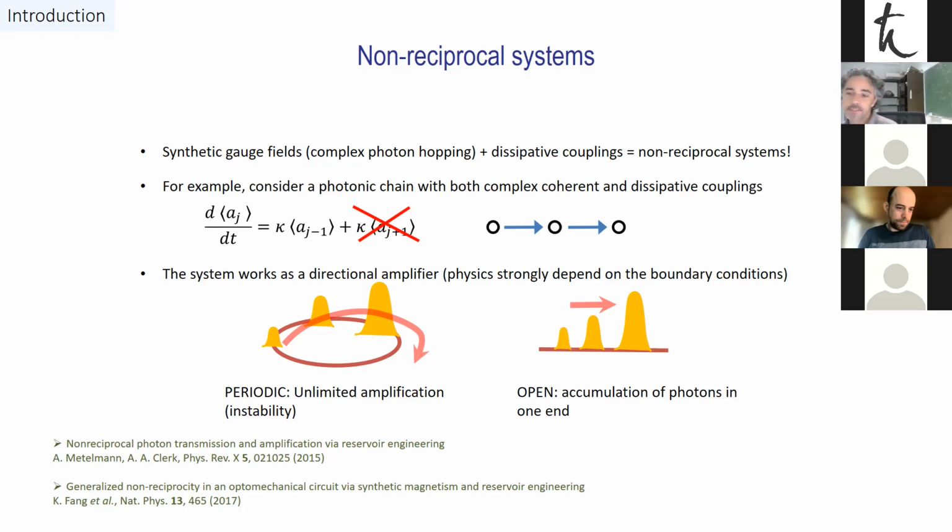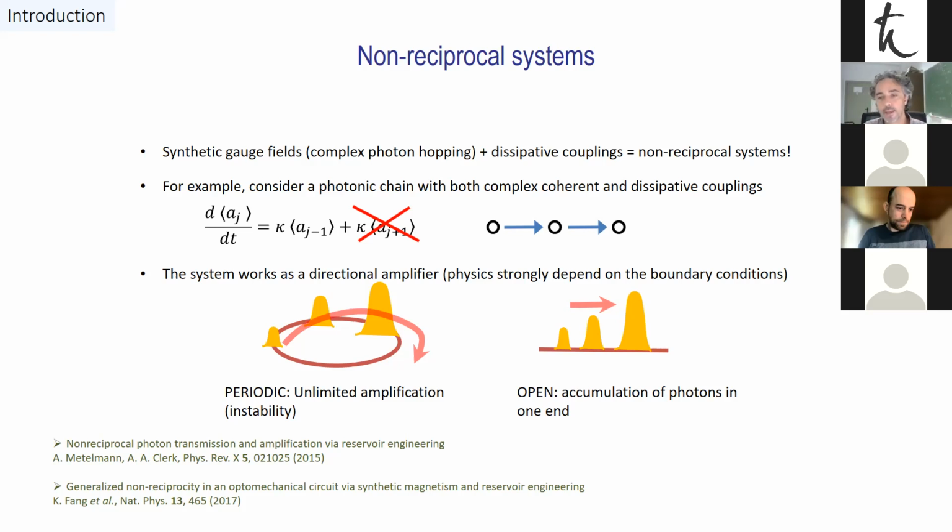The physics of these systems changes a lot if you consider open boundary conditions, because here you have a limit to the propagation and amplification effect. And you would expect that there is some accumulation of photonic density in one end of the chain. If you consider a one-dimensional chain with open boundary conditions, you could believe that under some conditions, this is going to be an unstable system.